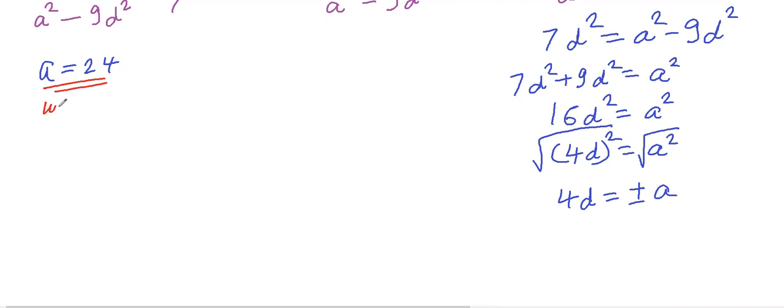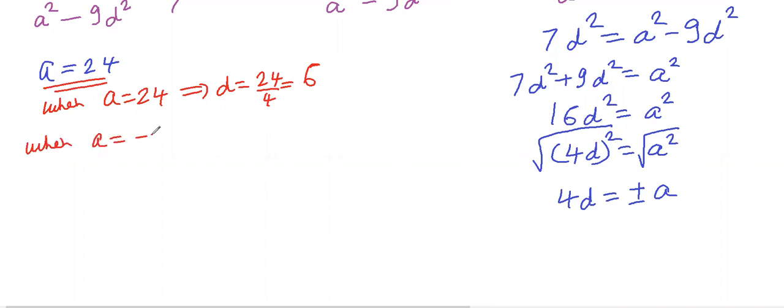So when A is equal to 24, D will be what? D will be 24 by 4, which is nothing but 6. And when A is equal to minus 24, then D will be minus 6. Got it?